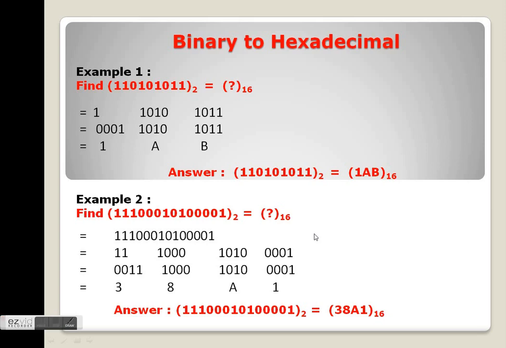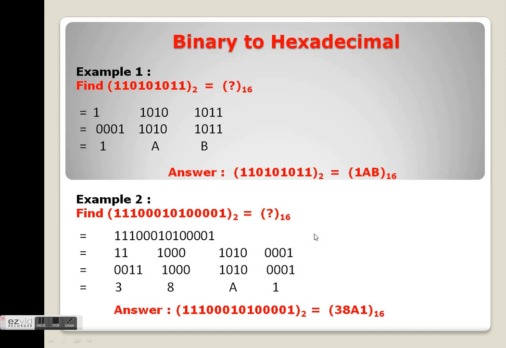Students, in the second example the groups are 1000, 0101, 0001, and 11. In the fourth group we will add two zeros to complete this group. Now we will find the decimal equivalent for each group, and after that we will convert that decimal equivalent to its hexadecimal equivalent.